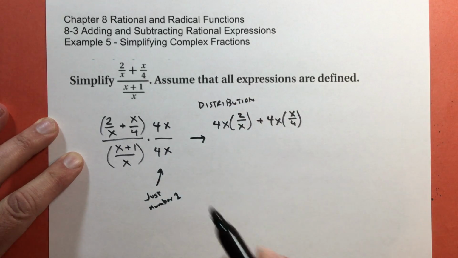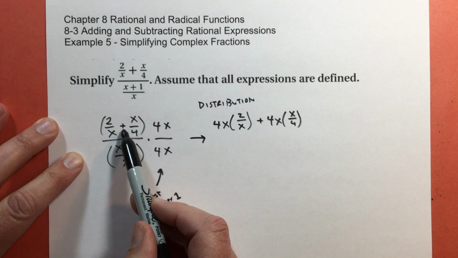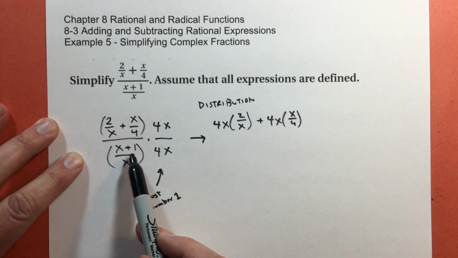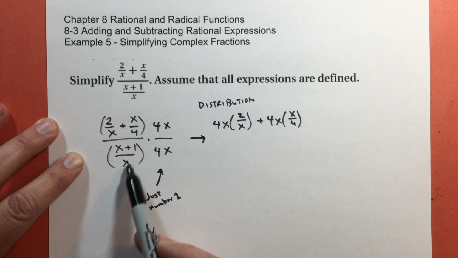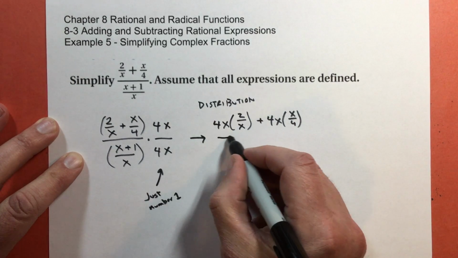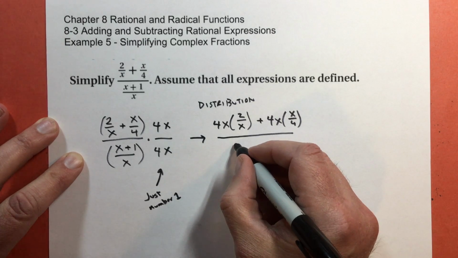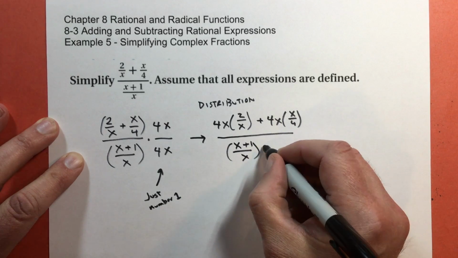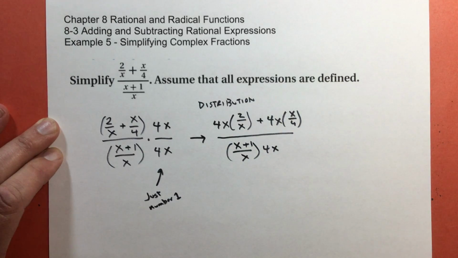And that works because I have that addition sign right there. I'm adding two fractions. In the denominator, I'm not adding two separate fractions; I'm using one denominator. So in the denominator, all I have is x plus 1 over x multiplied by 4x.